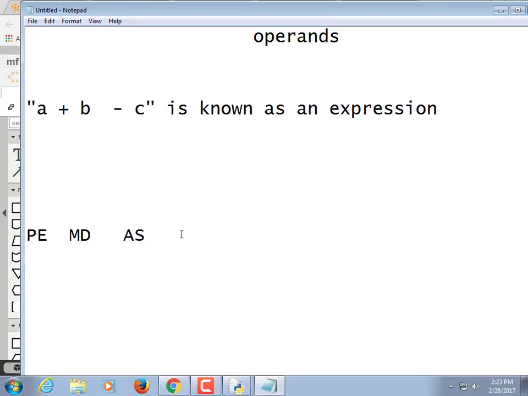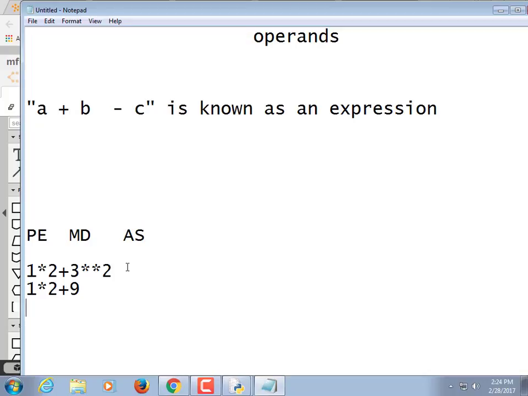So if you have something like this, 1 times 2 plus 3 to the power of 2, what's the first thing we have to do? Yeah, there's no parentheses, but we've got to handle the exponent. You do remember that star star means to the power of. So you would do this in your head or on paper: 3 to the power of 2 is 9.